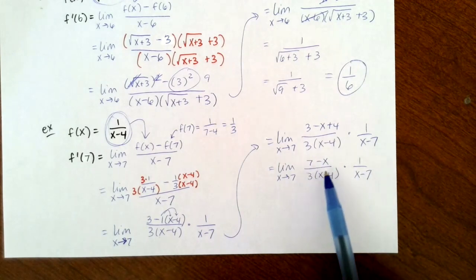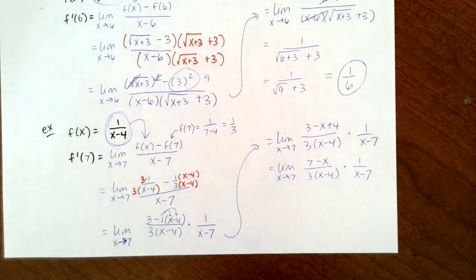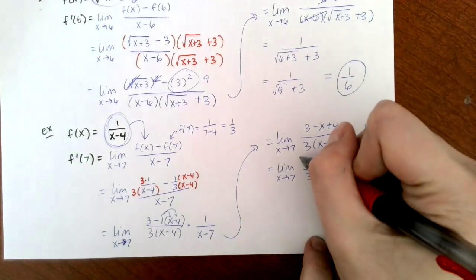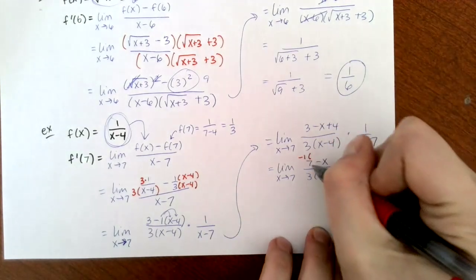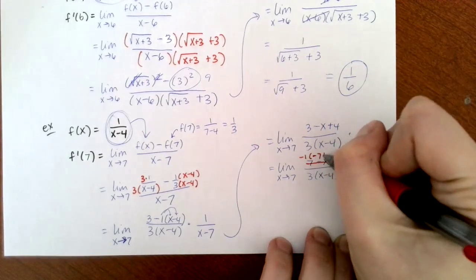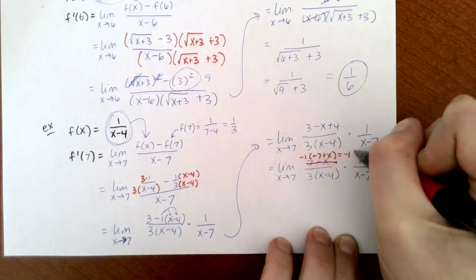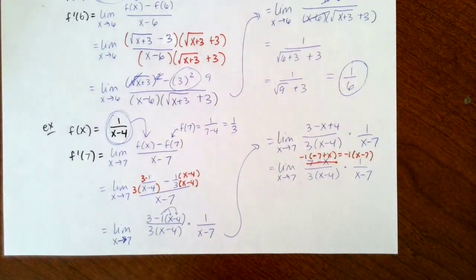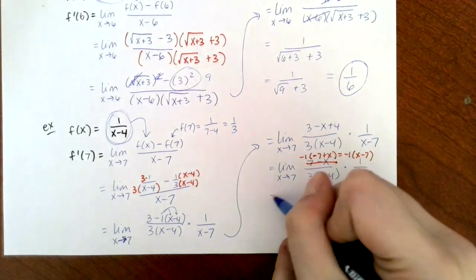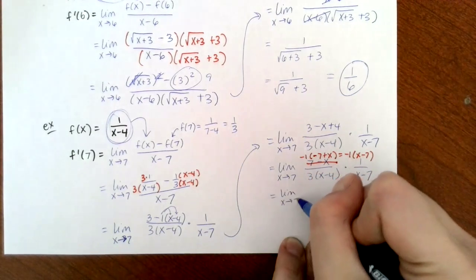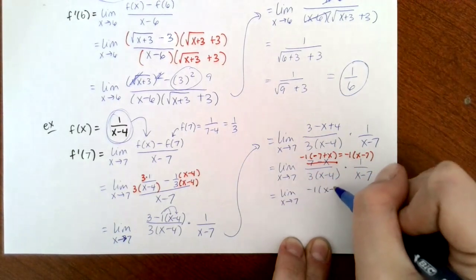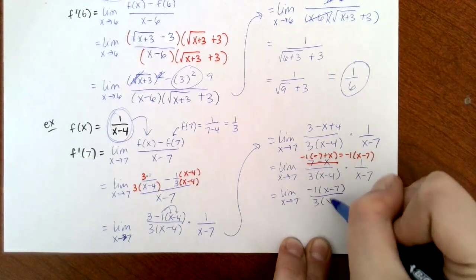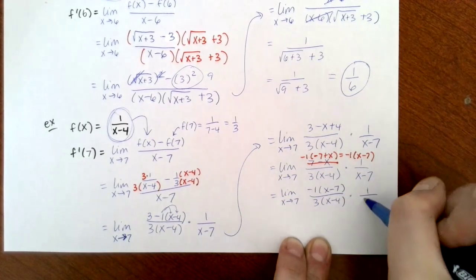This 7 minus x is kind of backwards. So we are going to pull out a minus 1. That gives me minus 7 plus x. And then I can just reorder that to x minus 7. That gives me negative 1 times x minus 7 over 3 times x minus 4.